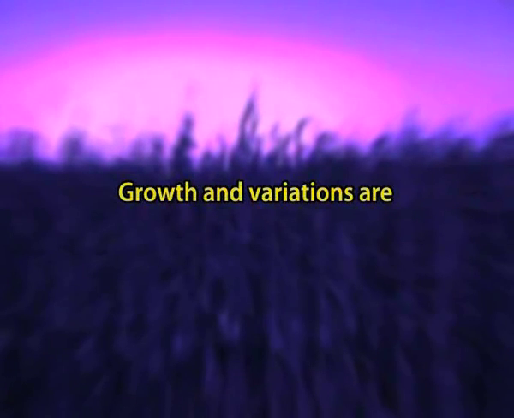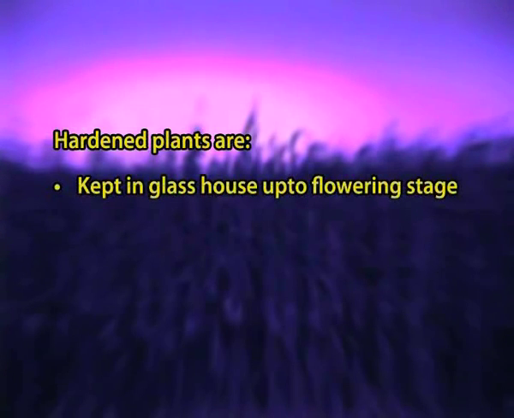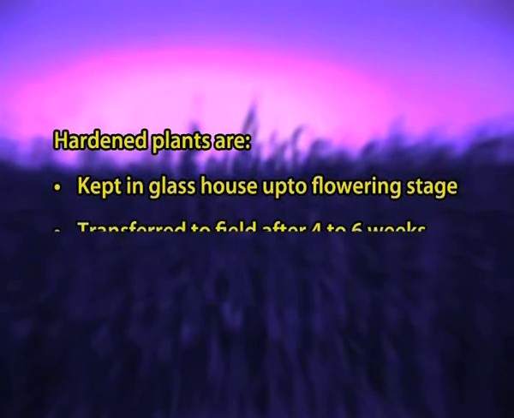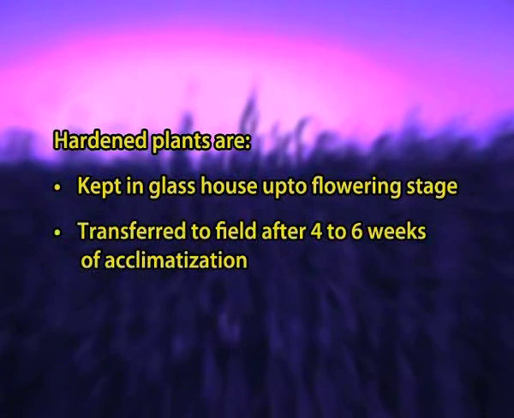Hardened plants are transferred to glass house or polyhouse. Plants must be irrigated frequently. The growth and variation of plants in polyhouse or glass house are monitored regularly. The hardened plants are kept in glass house or polyhouse up till the flowering stage, or they are transferred to field after 4 to 6 weeks of acclimatization.